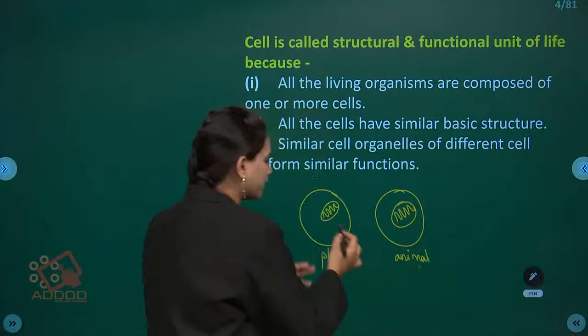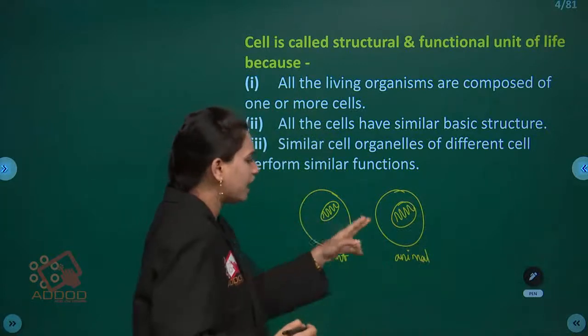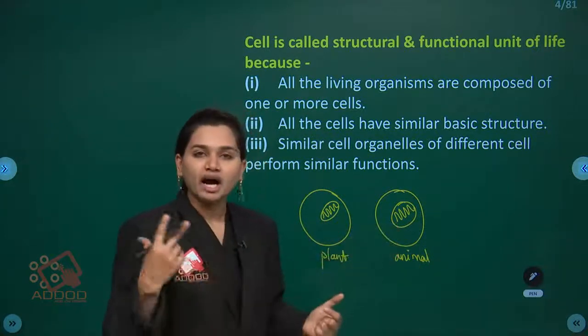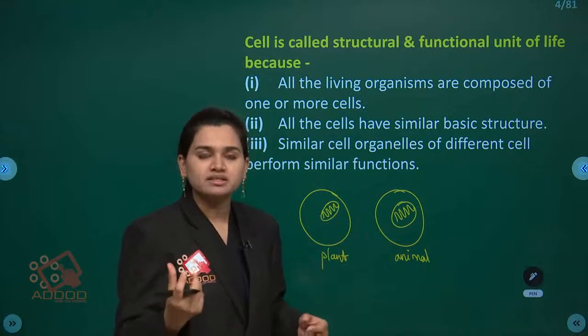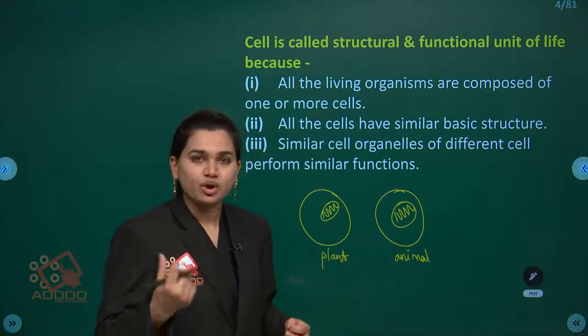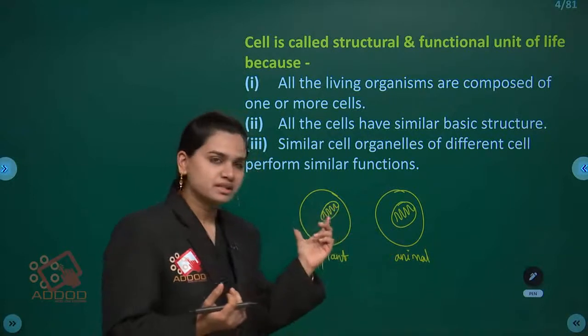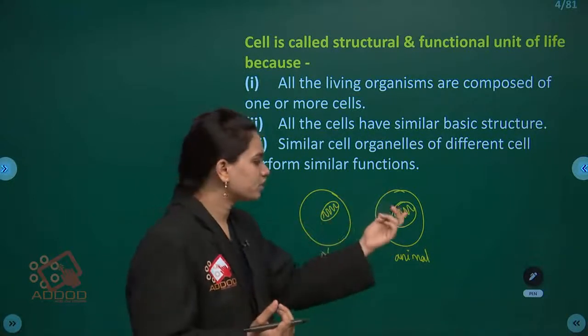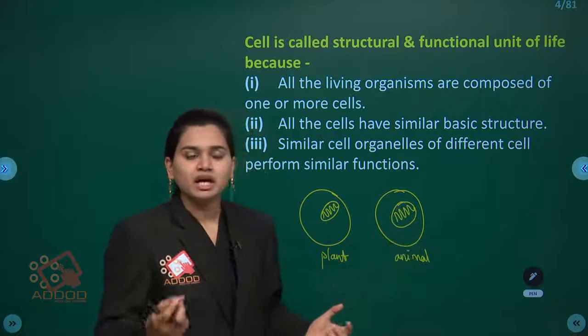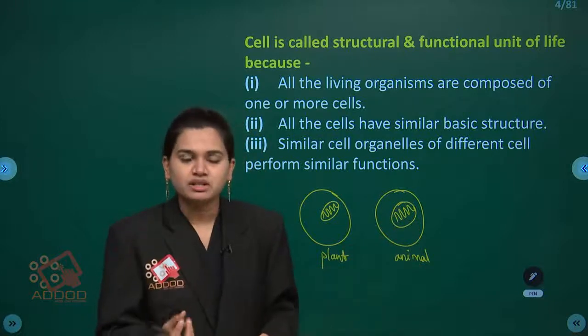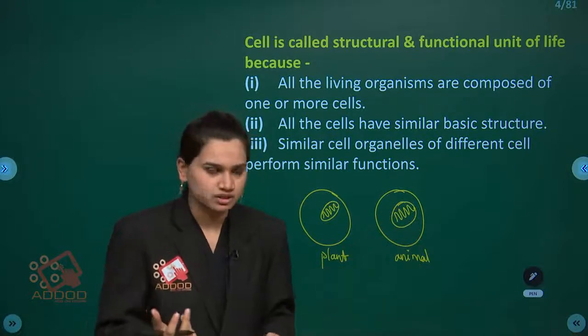Both of these mitochondria, of the plant cell and the animal cell, have the same function, that is, it is responsible for synthesis of energy. Either the mitochondria present in the plant cell or in the animal cell will have the same function, that is synthesis of energy.